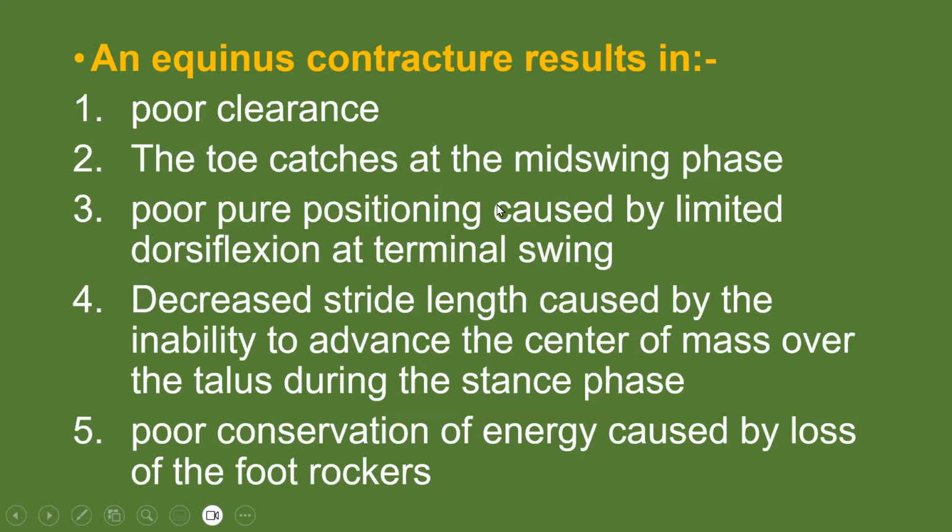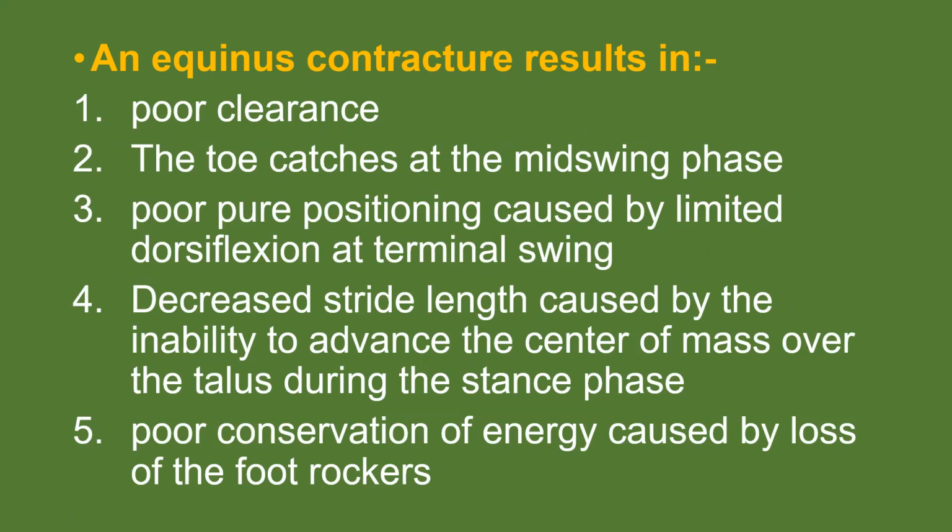Equinus contraction results in poor clearance, so the toe catches at the mid-swing phase. Meaning the toe hits the ground, and they can trip if they have an equinus deformity. Poor pre-positioning caused by limited dorsiflexion at the terminal swing.